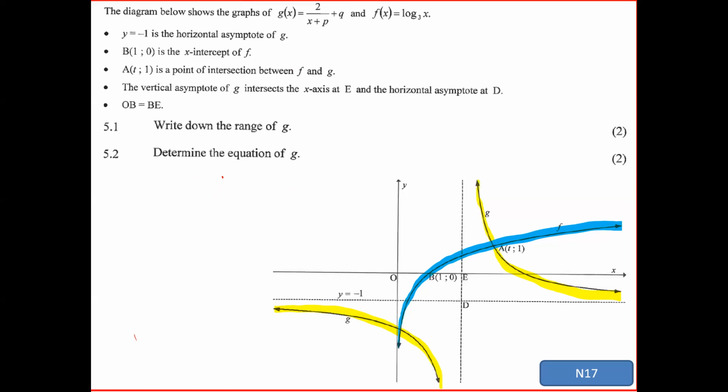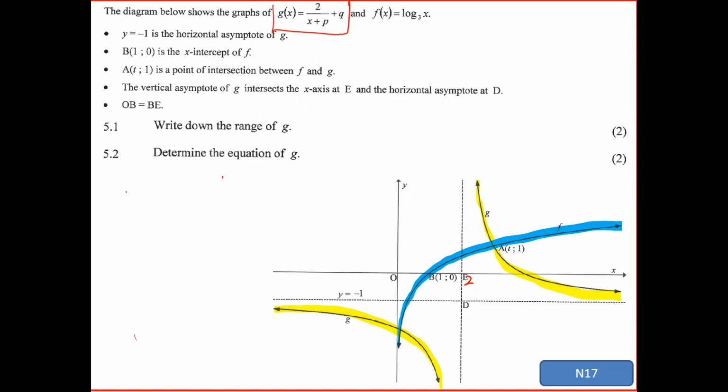All right. So if we look at the graph, if g of x is equal to 2 over x plus p, I'm actually looking right here. So remember, p represents the vertical asymptote. And if we look at the vertical asymptote, we said the point E is 2. So we should be getting x, we got to change the sign.